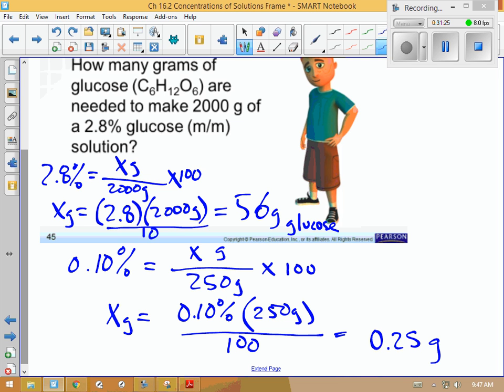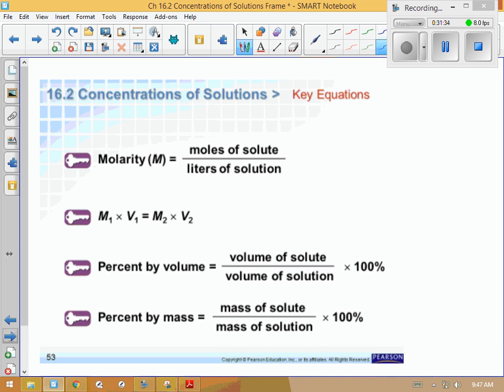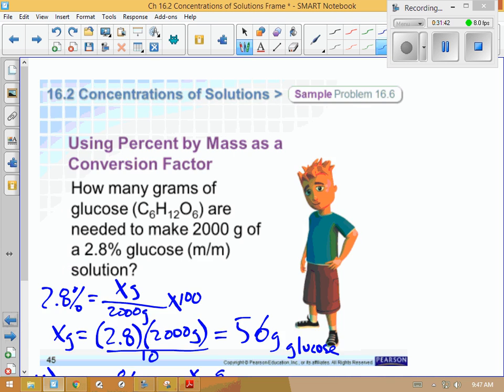Now you can do number 18 in your book, and here it is right here. These are the 4 equations that you're going to have to know to calculate concentration of solutions.